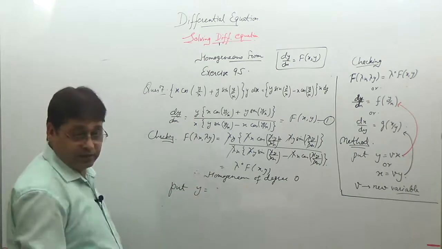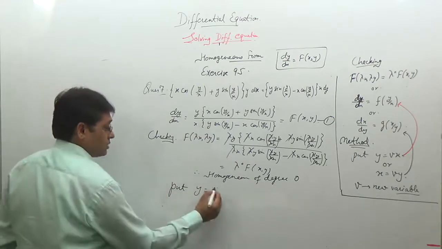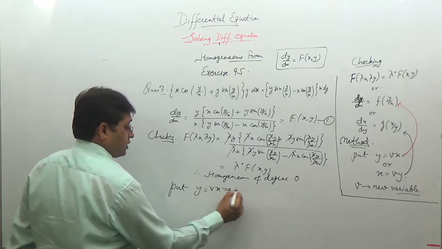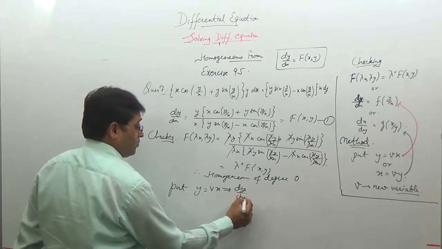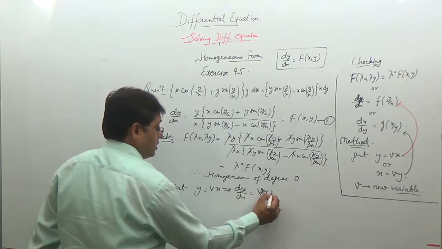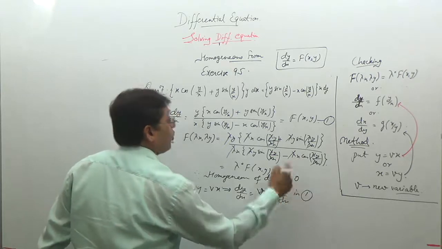Now I will rub this part. This is your checking part. Now put y is equal to vx. Let us start. Differentiate it. Dy by dx will be v plus x dv by dx. Put in 1.